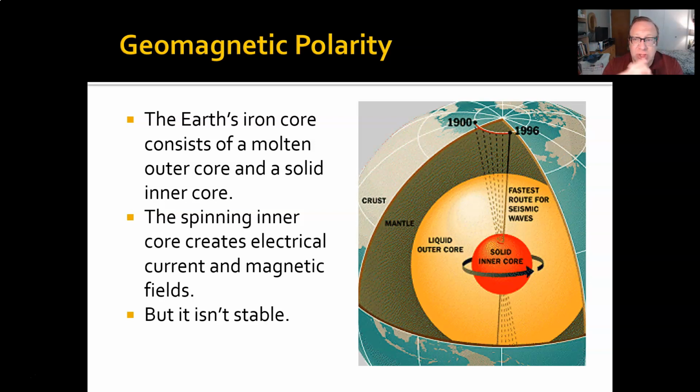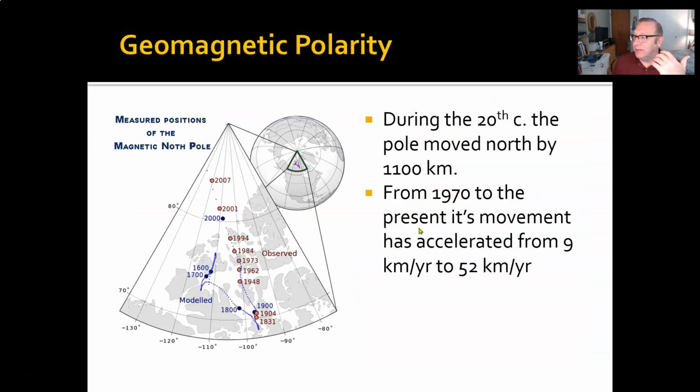That is great, but while it's relatively stable, the fact of the matter is the currents in the liquid outer core, which are also largely iron, are very turbulent, and periodically they cause the inner core to flip or to change direction. And you get these very unstable periods where the magnetic field will be constantly moving.